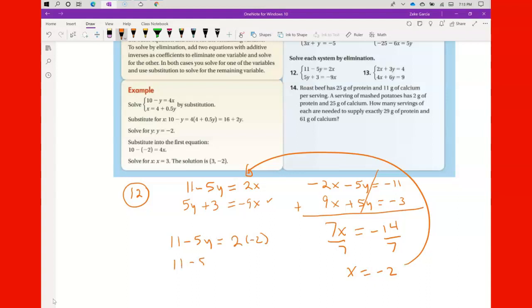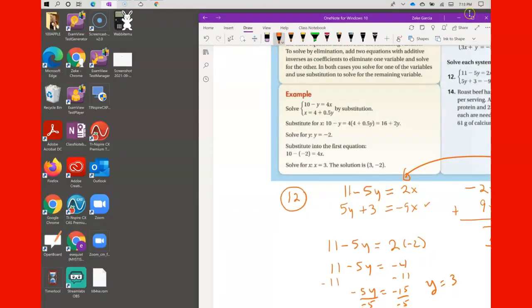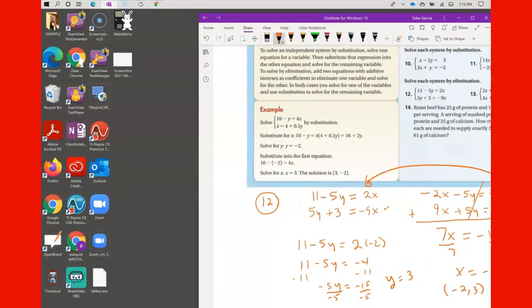So you have 11 minus 5y equals negative 4. You subtract 11 from both sides, and you have negative 5y equals negative 15. Divide by negative 5, and you get the value of 3. So what is the answer? Negative 2, 3.